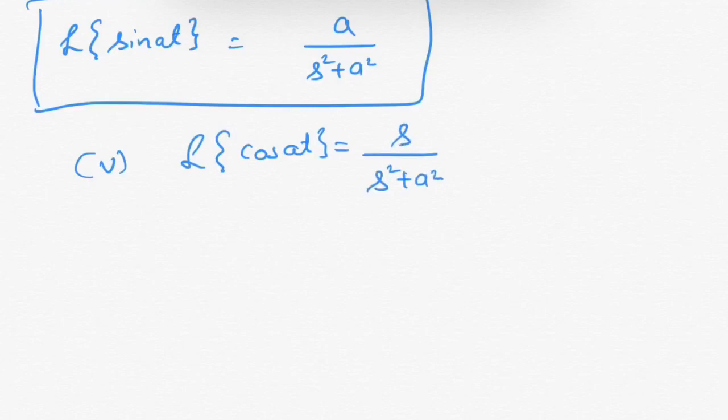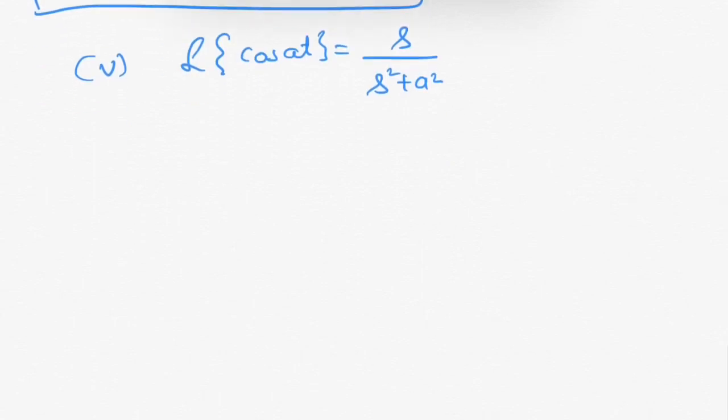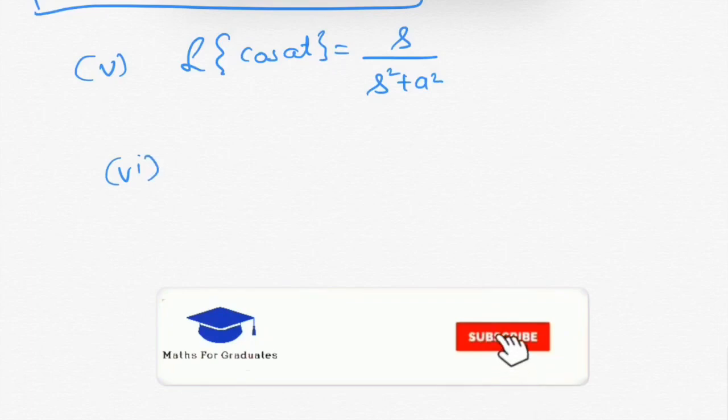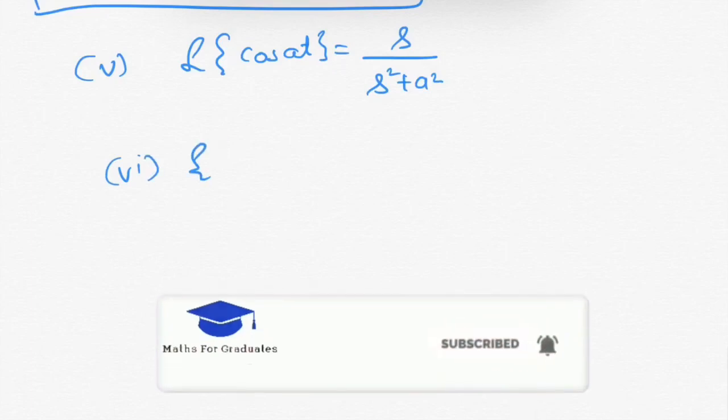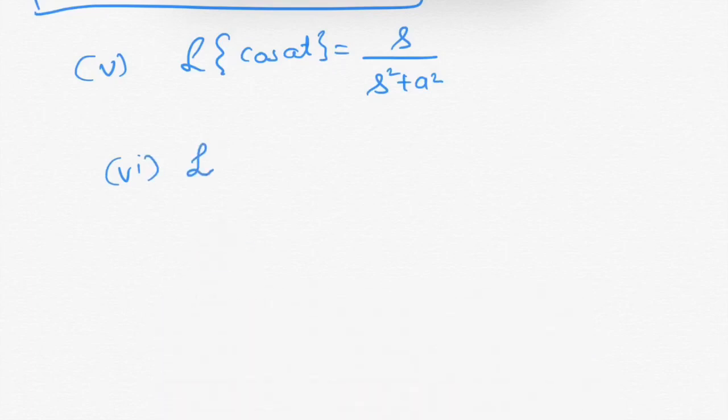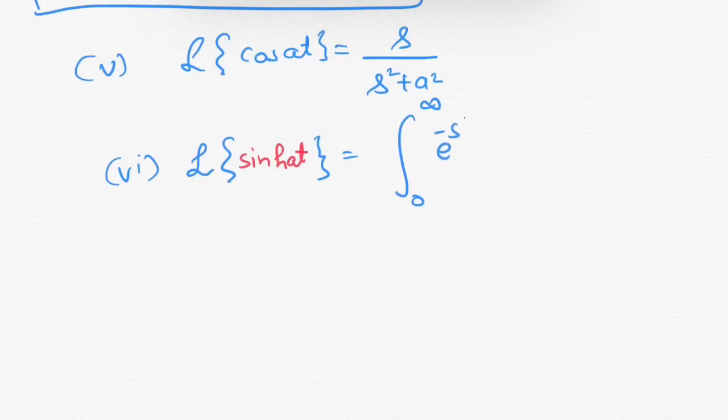Okay, now let's find the Laplace transform of sine hyperbolic at. So Laplace transform of sine hyperbolic at equals integration from 0 to infinity e raised to power minus st sine hyperbolic at dt.